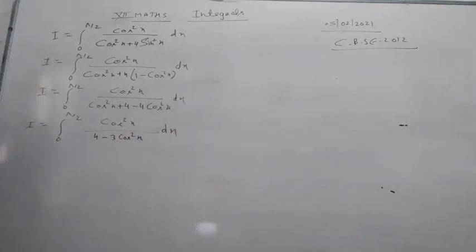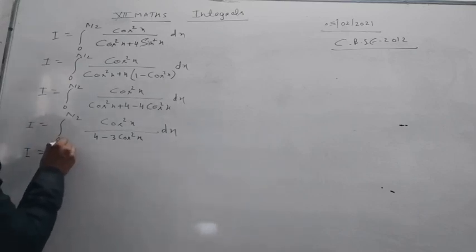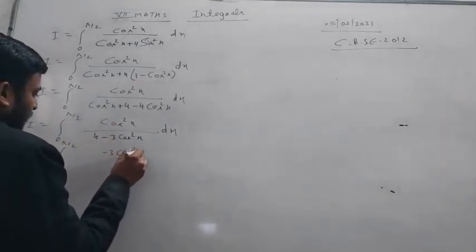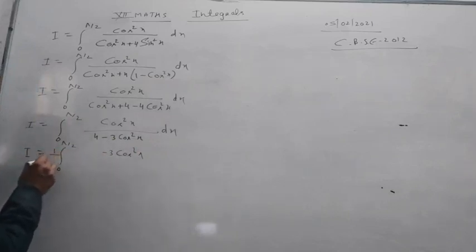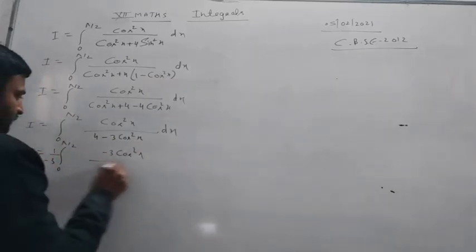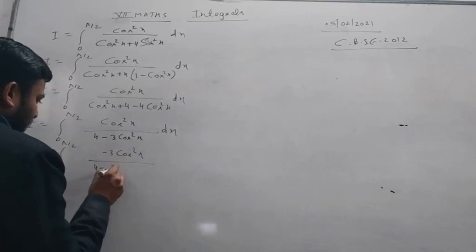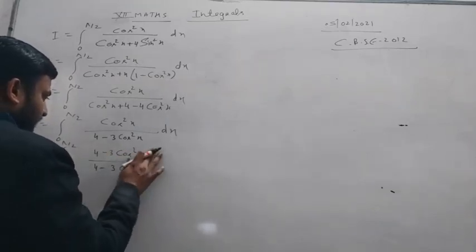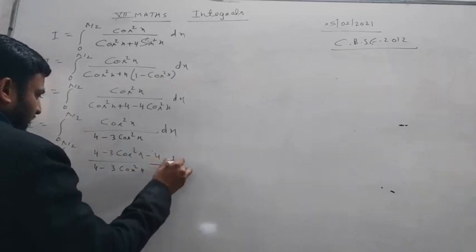Okay, students. So, students, now we make this like this: from 0 to pi by 2, we are multiplying with minus 3 cos square x, and here we are dividing by minus 3. And students, here is 4 minus 3 cos square x, so we are adding 4 and subtracting 4, dx.